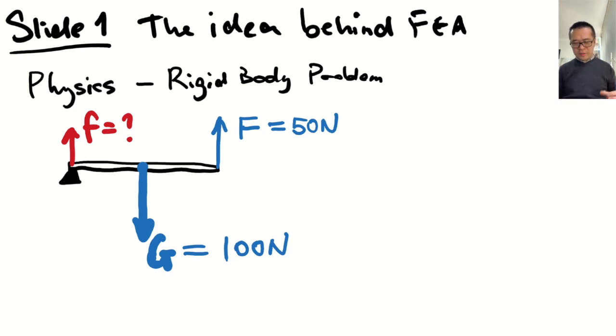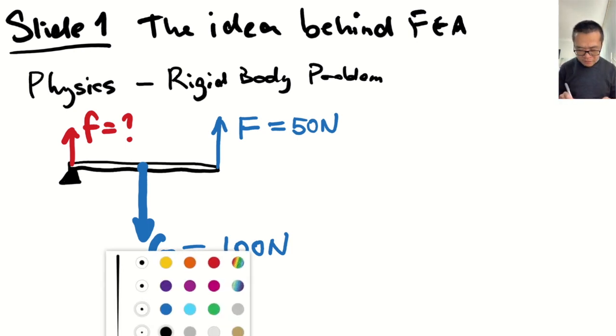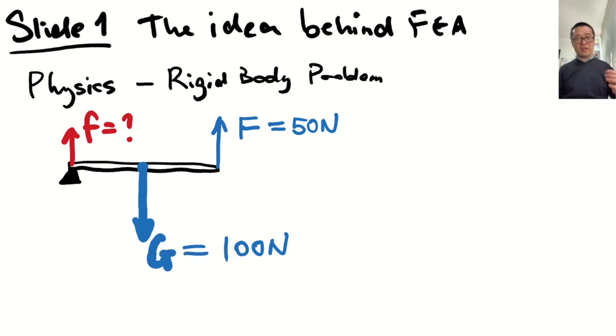Now, when you look at this problem in first year physics, you'll say, okay, the whole bar is rigid, so it's not going to deform the shape. That means all the force being applied is actually used to balance the whole bar rather than deform it. In that case, I can write the little f plus the big F equal to G, right?